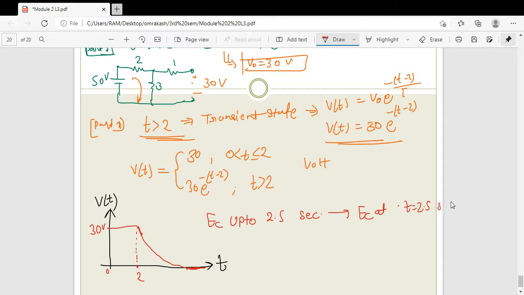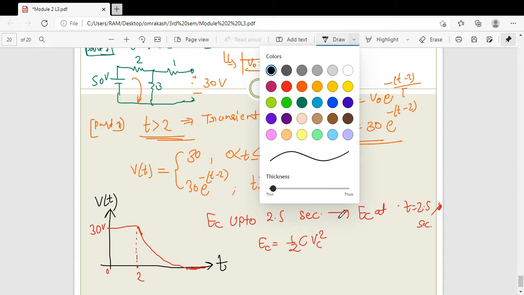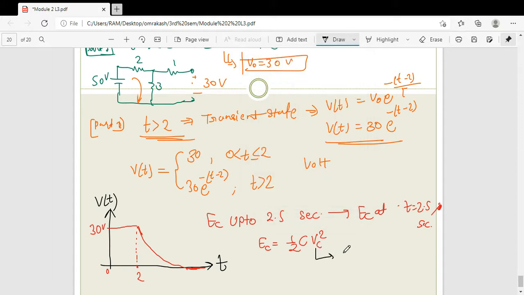Put that value in your formula for energy across this capacitor, which is half C VC square, right? Here the voltage VC you have to put at t equal to 2.5. Directly put that value, you will get the answer.